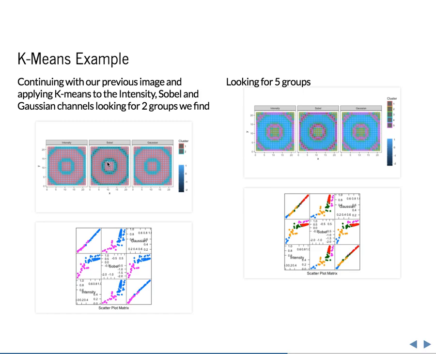You can also use it as an approach where, once you've made a k-means model, you can lock the centers in and apply it to new data sets that come in. So if you come up with a good approach for doing this, you can apply it as a segmentation algorithm with those centers fixed, where you don't update the centers anymore. If you look for 2 groups here, you find a ring and the background.